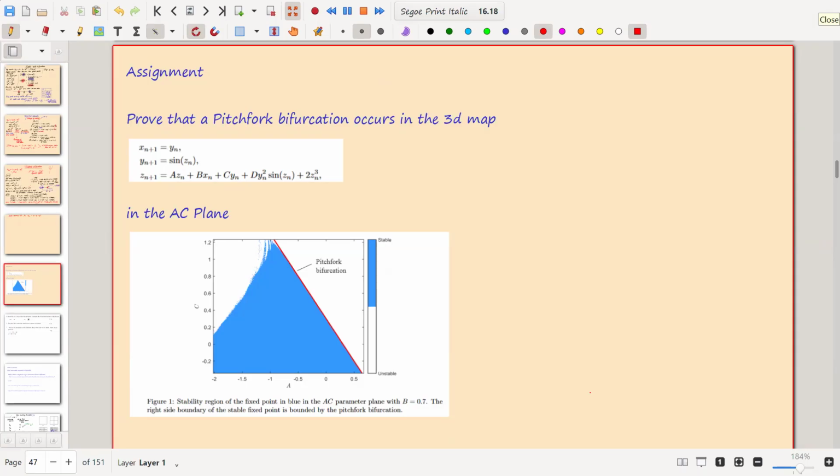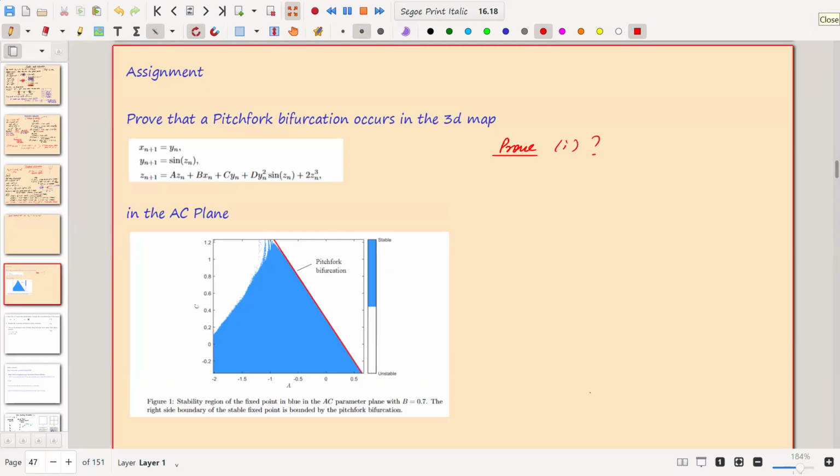So white is unstable, blue is stable, right? This red curve represents the pitchfork bifurcation. Your job is to prove that it is indeed a pitchfork bifurcation. Why is it a pitchfork bifurcation? That much, nothing else.